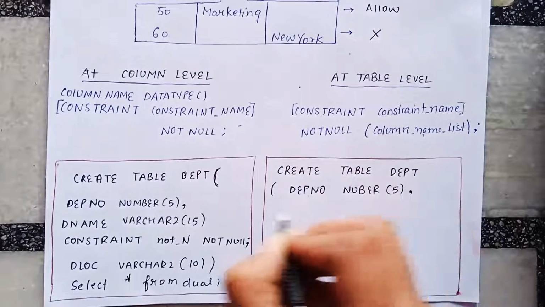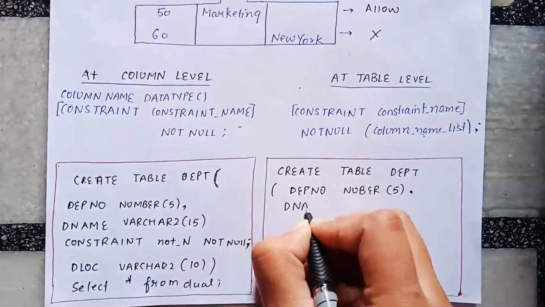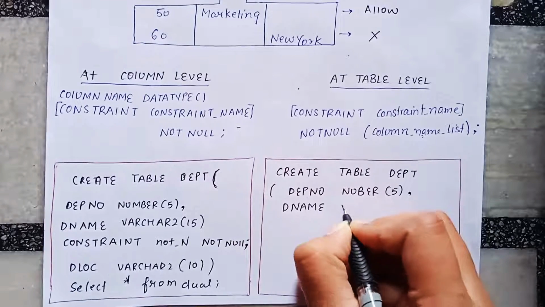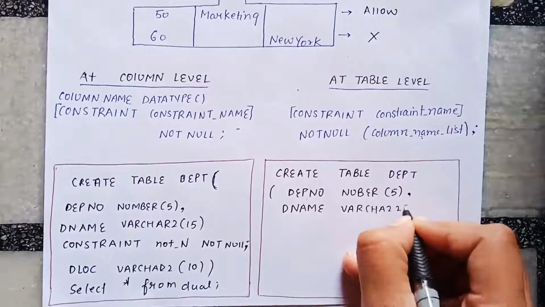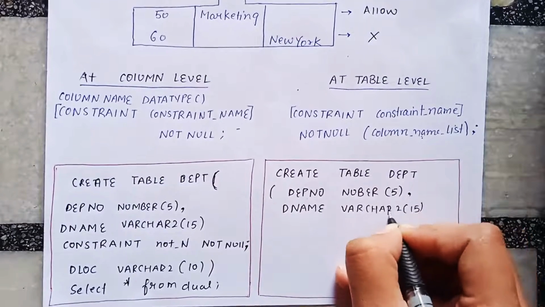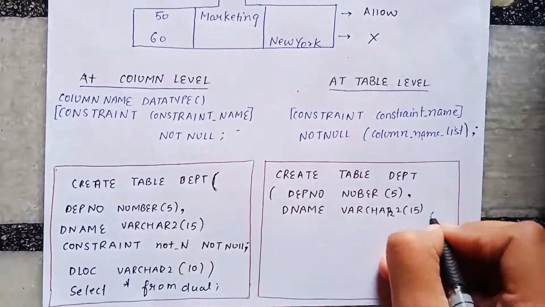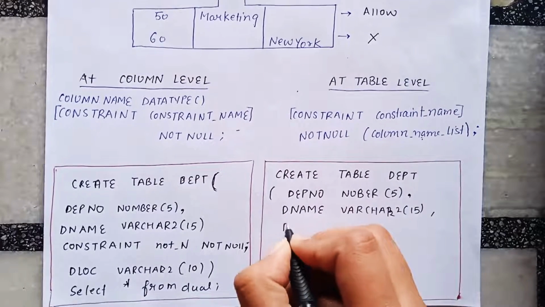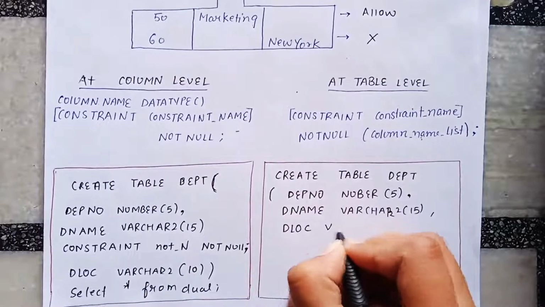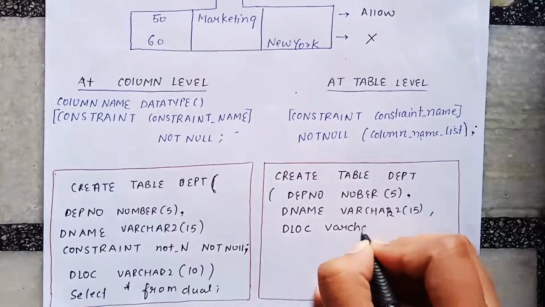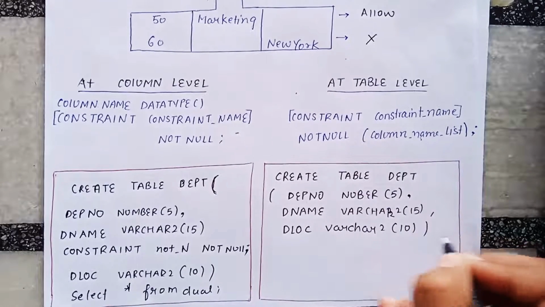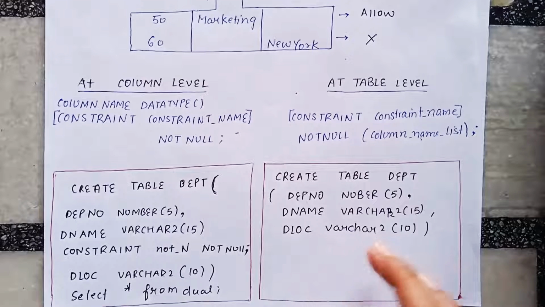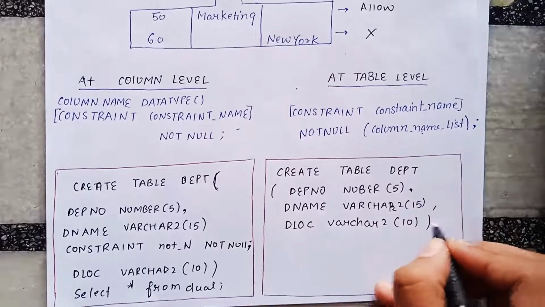And the second is what? Department name, it is of varchar 2 type. And the third is what? D log, which is another varchar 2 type. Now we have created the table, right? So these are the columns that we have applied over here.